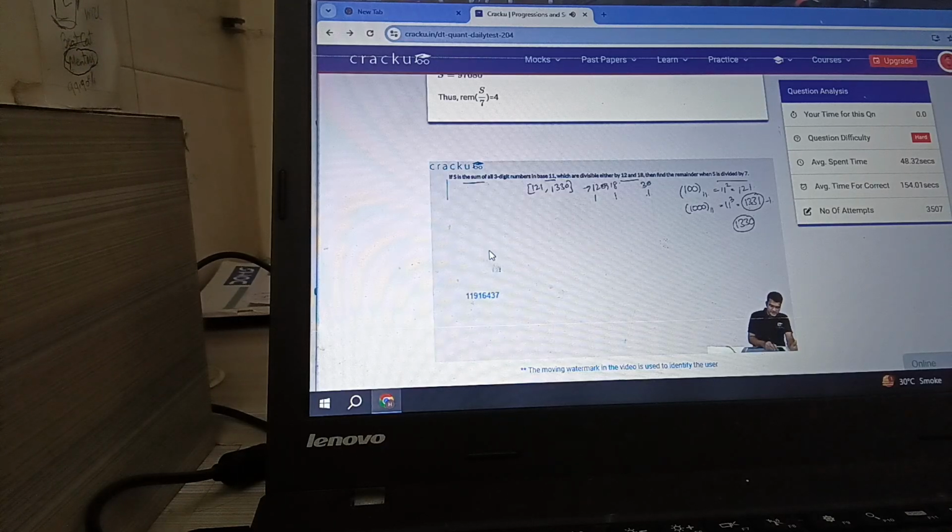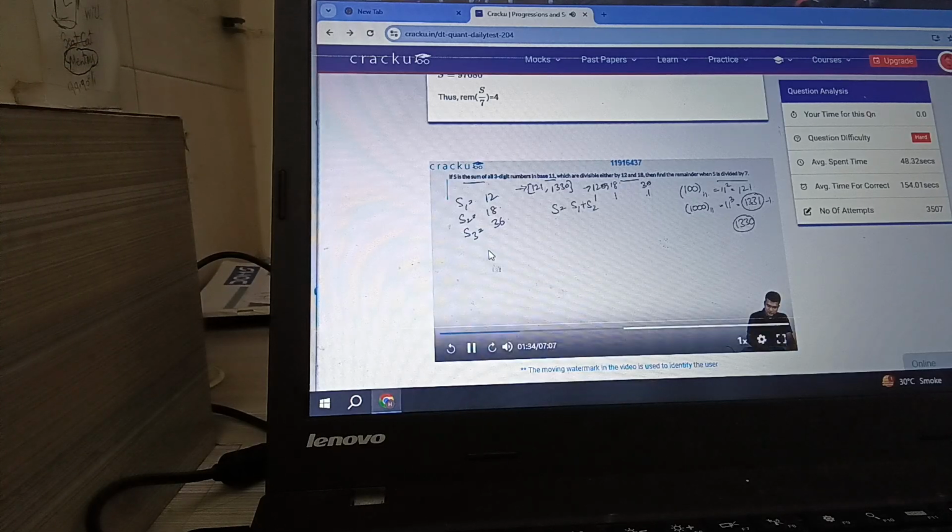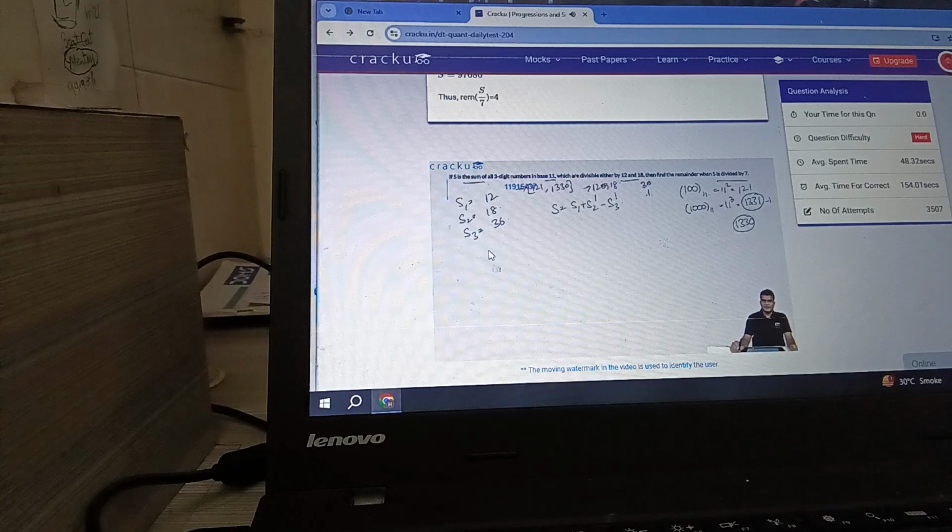So if S1 is the sum of all the numbers in this interval which are divisible by 12, S2 is the sum of all the numbers divisible by 18, and S3 is the sum of all the numbers divisible by 36, which would imply that they are divisible by both 12 and 18, the value of S will be equal to S1 plus S2 minus S3. And what we are required to calculate is the remainder when this S is divided by 7.